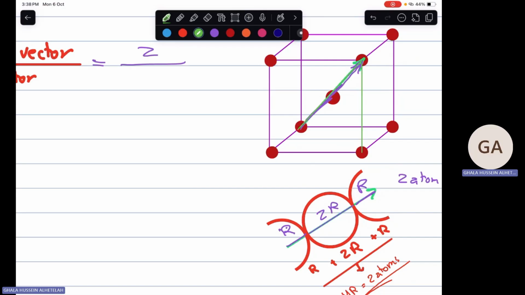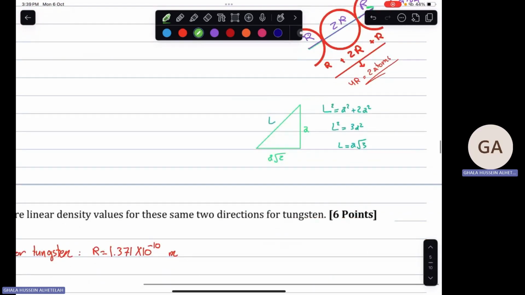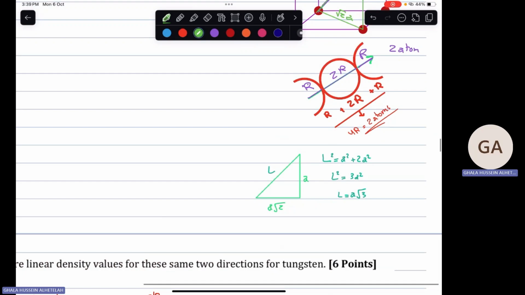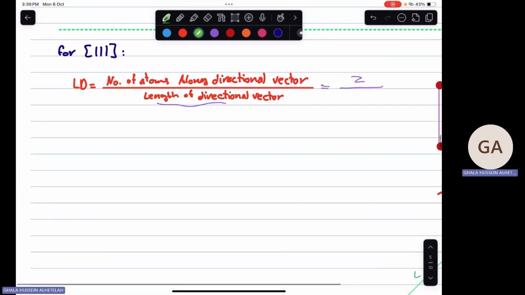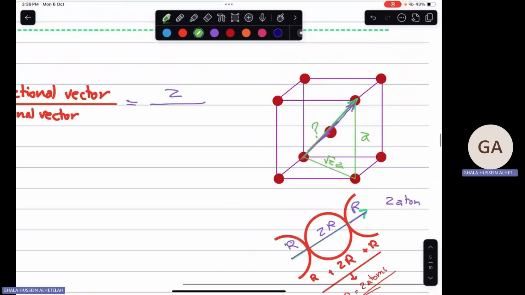This is one side of the triangle, and this is the other side. This we know as a. This we know as square root of 2 a, and this one we have to find its length. Using the Pythagoras theorem, we find the length is equal to a square root of 3. Plug it in, we see that it is equal to a square root of 3.